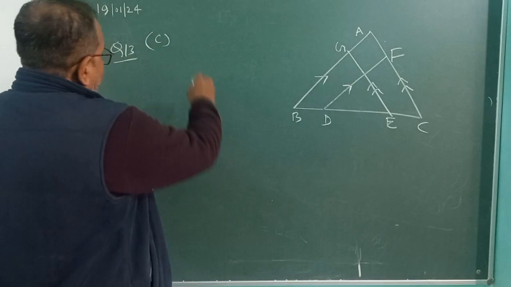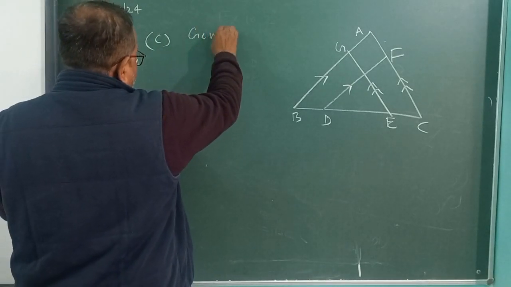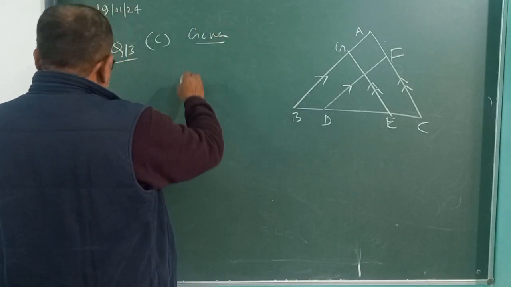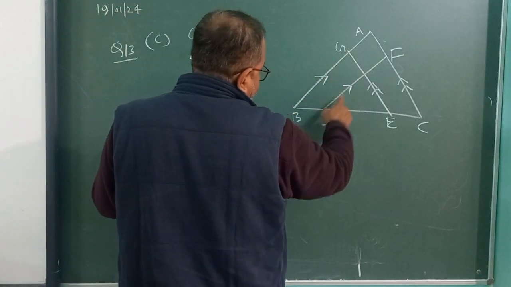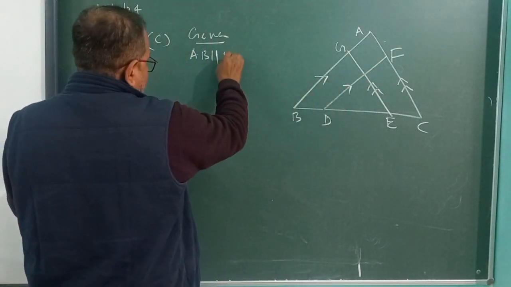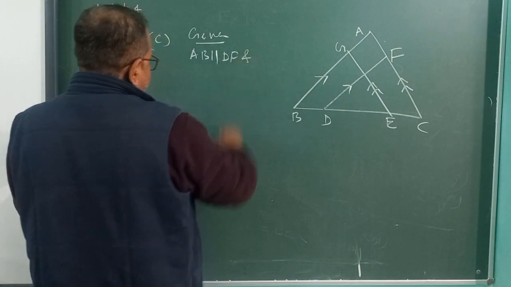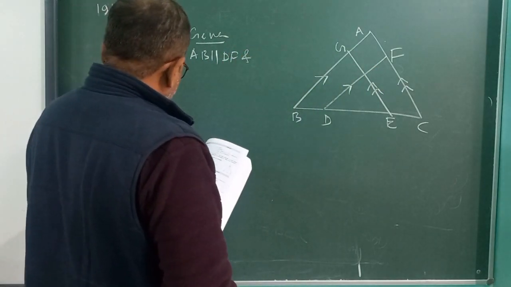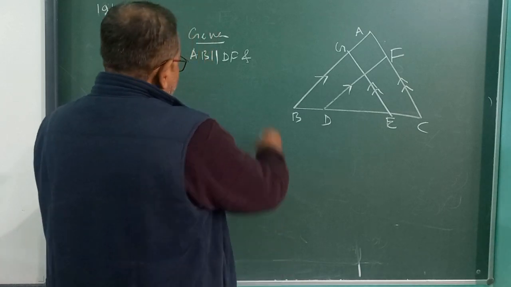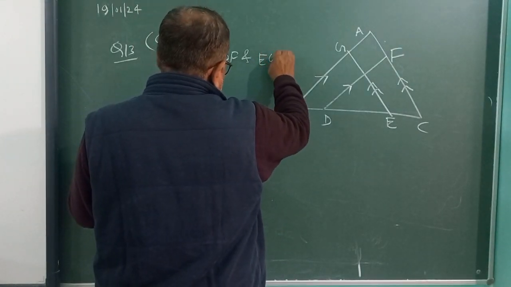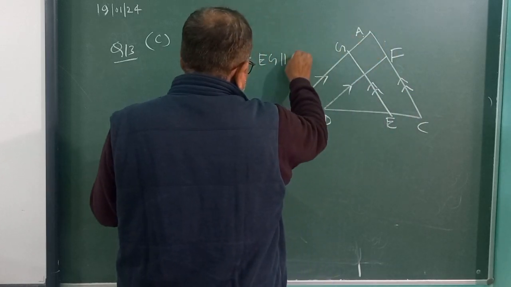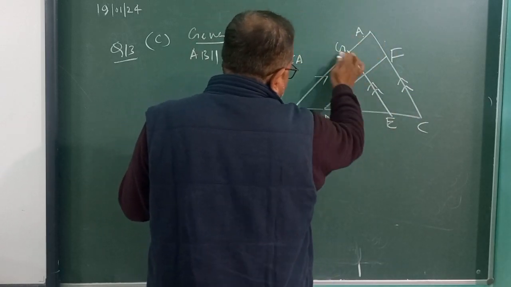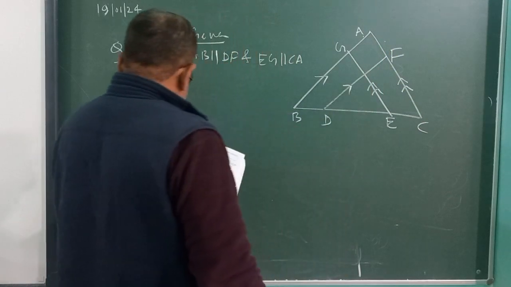In this figure, it is given. So what is given? AB is parallel to DF, and EG is parallel to CA.